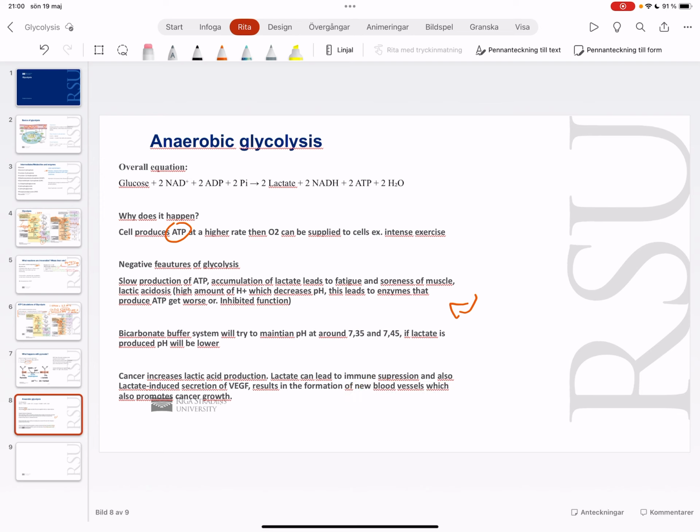And lactate will induce secretion of this VEGF, and angiogenesis, I think it's called, blood vessels will grow, and the cancerous cells can supply themselves.